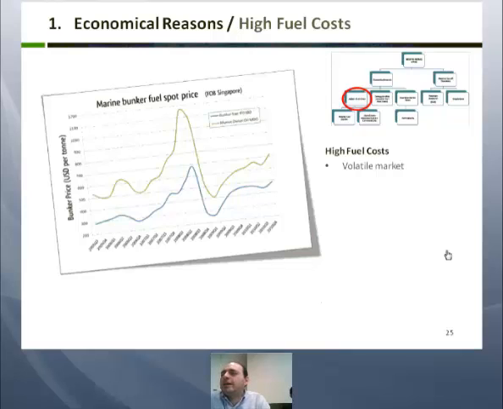Auxiliary engines use a cleaner fuel than the one we use in the main engine, and this is actually more expensive than the other one.